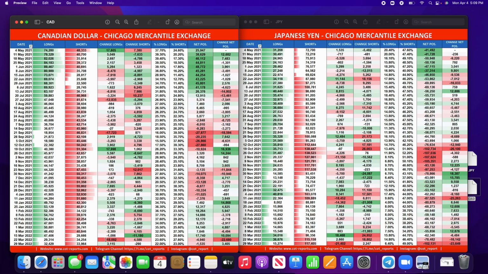We can also see that the overall net positions had decreased from minus 22,680 to only minus 3,405. That's obviously one of the reasons why we saw the CAD so bullish, and we can definitely expect the Canadian dollar to be bullish in the long term, because from a fundamental perspective they've also pulled through a positive CPI, a hike in interest rates, as well as a positive GDP. But that does not mean that the market is just going to go up, because we know the market moves in waves. So a pullback is expected before the continuation.